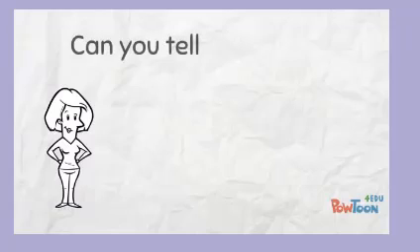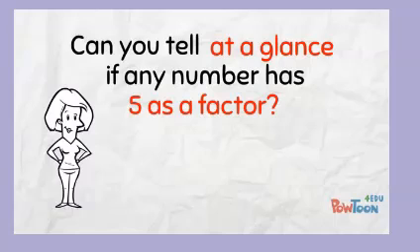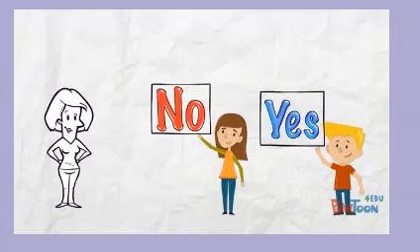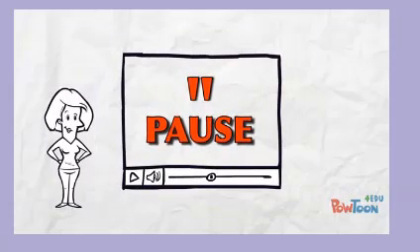Let's see if you can tell at a glance if any number in this next group has 5 as a factor. Hold up your yes or no answer to show your teacher what you think. Your teacher will pause the film to give you time to answer.